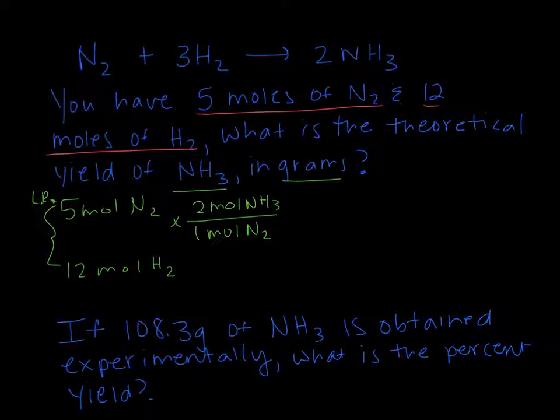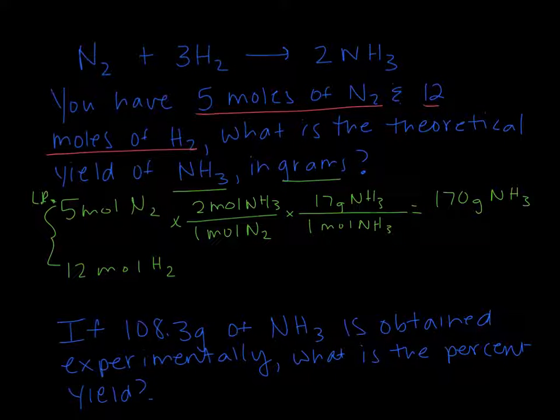And then because I want this in grams, I have to use the molar mass. So 1 mole of NH3 for 17 grams of NH3. So that's 5 times 2 times 17, which is going to be 10 times 17, or 170 grams. And then on this one, I do a mole-to-mole ratio of hydrogen to NH3.